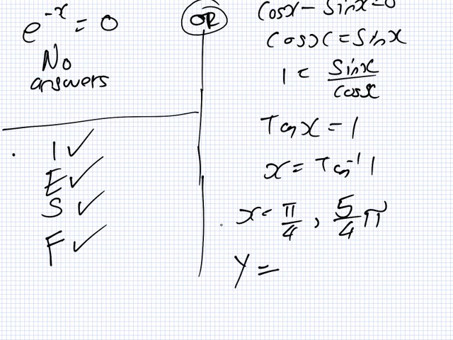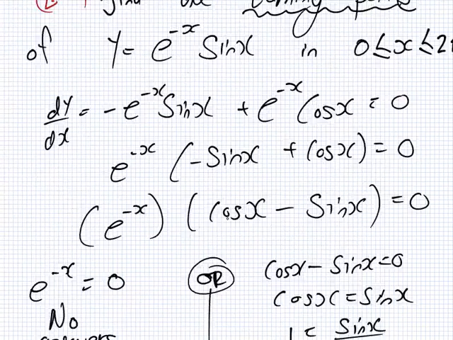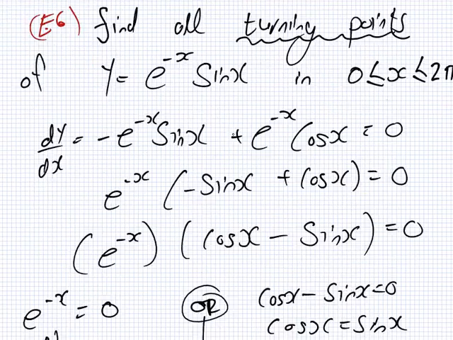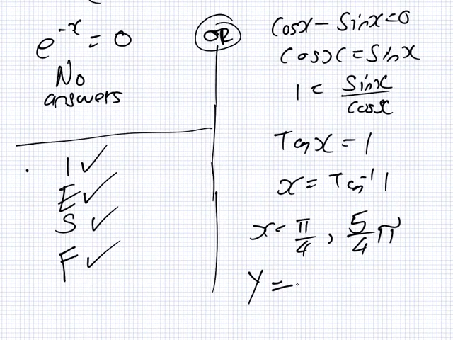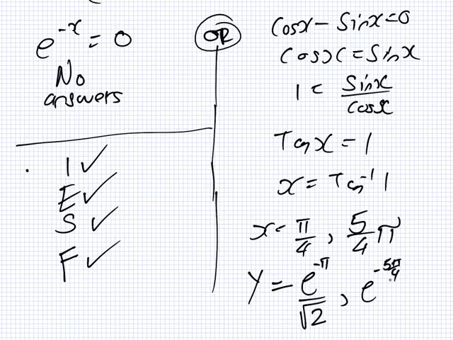So I need to put these answers back into e^(-x) sin x. So that would be e^(-pi/4), and sine pi over 4 is 1 over root 2. And then this would be e^(-5pi/4). And then, I don't know, what's sine of 5 pi over 4? Let me check it.